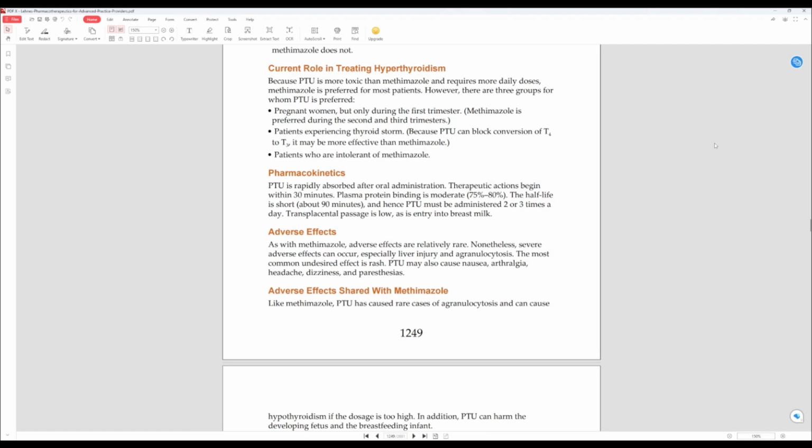The first being pregnant women, but only, again, during that first trimester. After the second and third trimester, it is safe to give methimazole. Patients experiencing a thyroid storm, again, because PTU can block the conversion of T4 to T3, it actually may be more effective than methimazole. And lastly, any patient who's intolerant to methimazole.